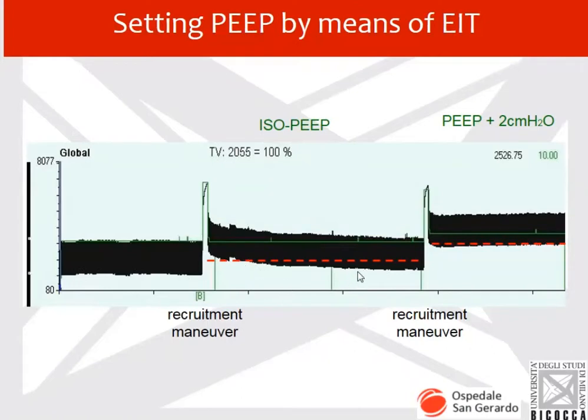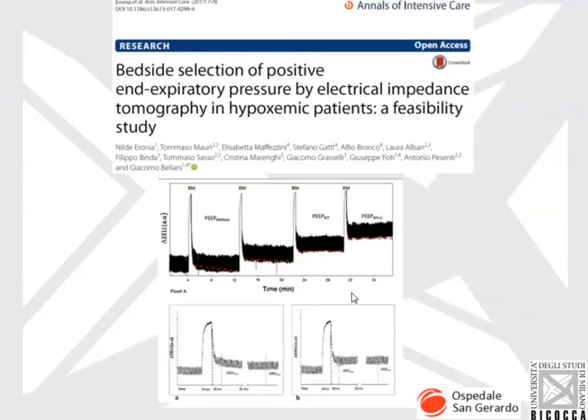So what we did was to give another recruitment maneuver and to increase PEEP by 2 centimeters of water, and in this case you see that the PEEP is adequate to maintain alveolar stability.